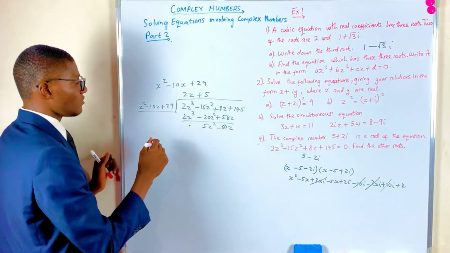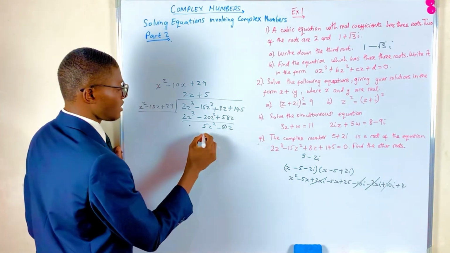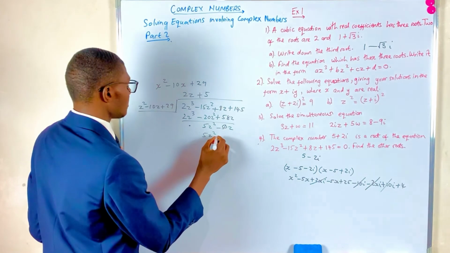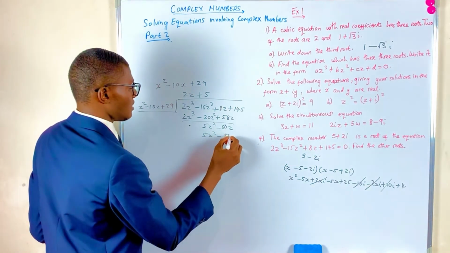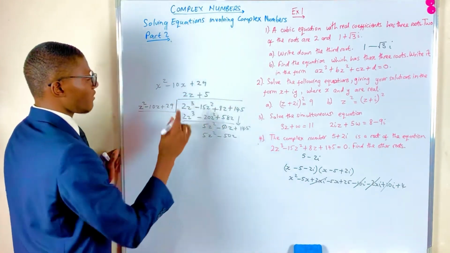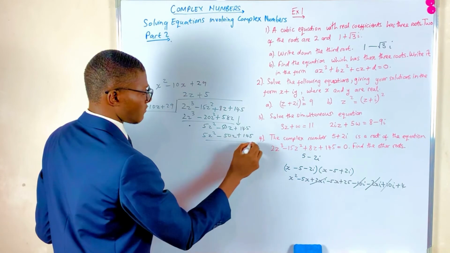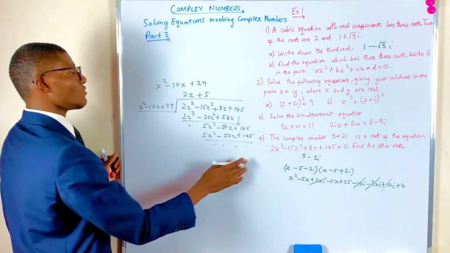And now 5 times z squared, that's 5z squared minus 50z. So here we would have dropped plus 145. And then 5 times 29, that's 145, such that if we subtract, we get zeros here.